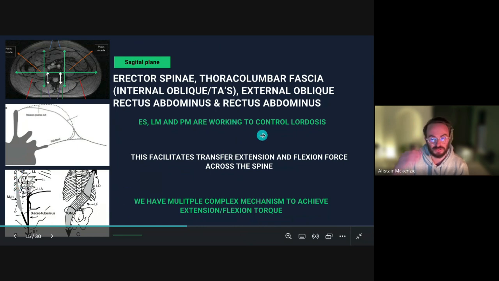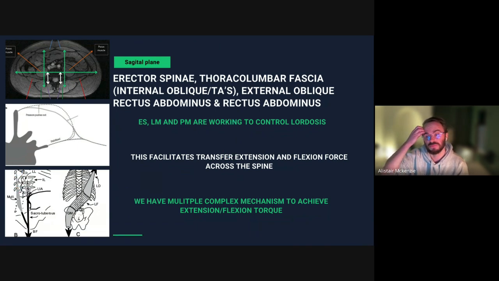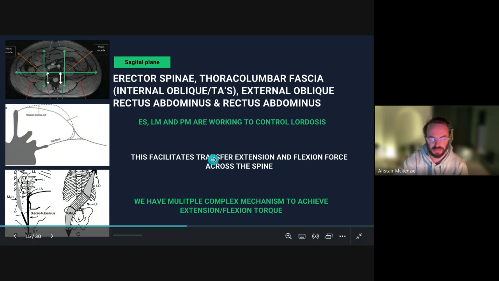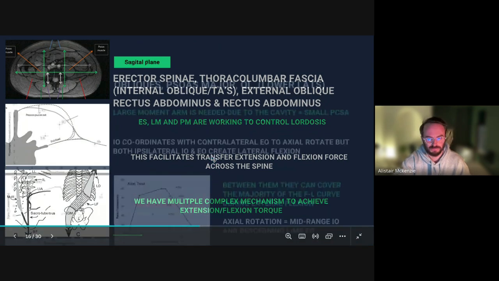So there's also a link with the hamstrings especially. So we already know that the erectors and the closer proximal muscles are working to control lordosis to increase the force length curves of the more powerful extensors, and facilitate the transfer of extension and flexion force across the spine. And we have these multiple mechanisms that we need to consider.